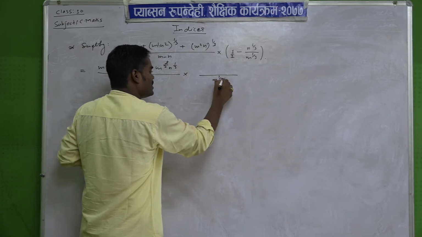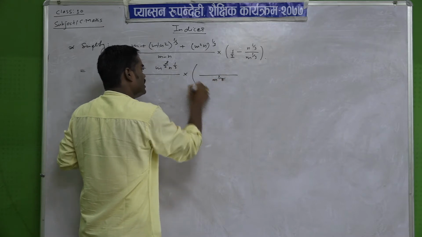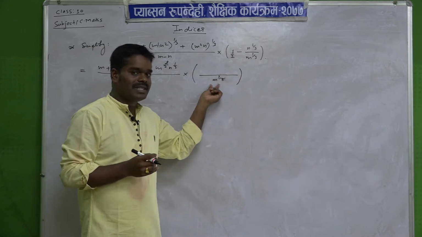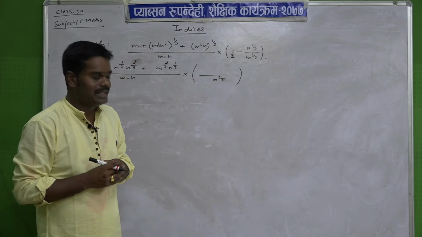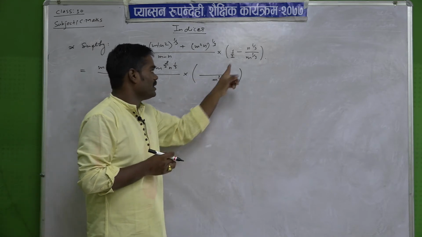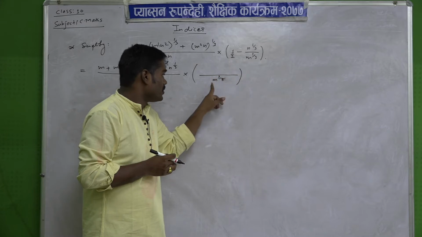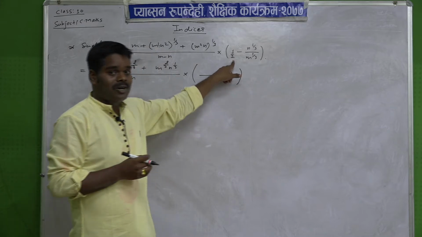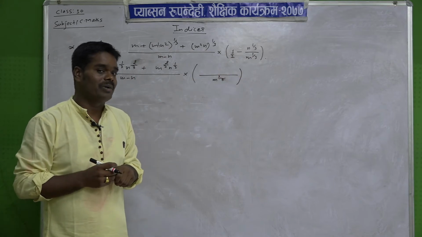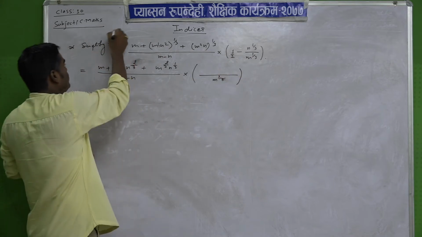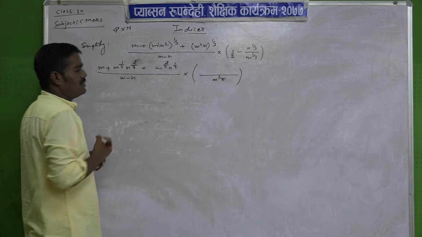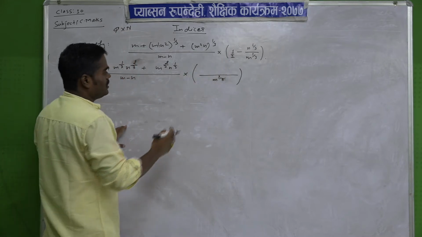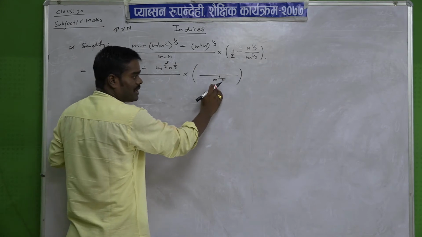We have studied a lot about the LCM. Firstly we have to take the LCM, secondly we have to divide the LCM by each denominator. What is the denominator here? 1. So m power 1 by 3 divided by 1, how much is left? Quotient m power 1 by 3. So what we have to do? Quotient into multiply. How much quotient is here? 1. So 1 into quotient, how much is left? m power 1 by 3.